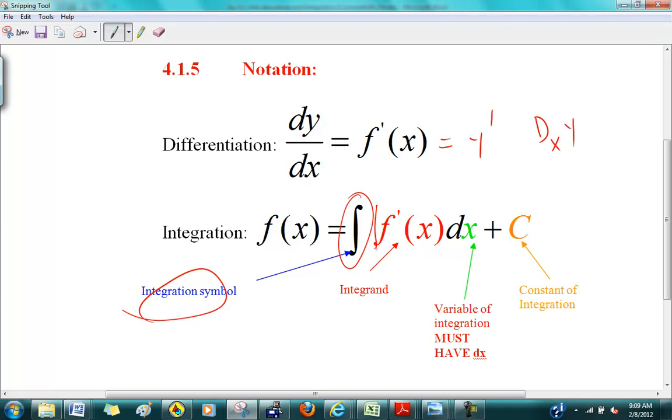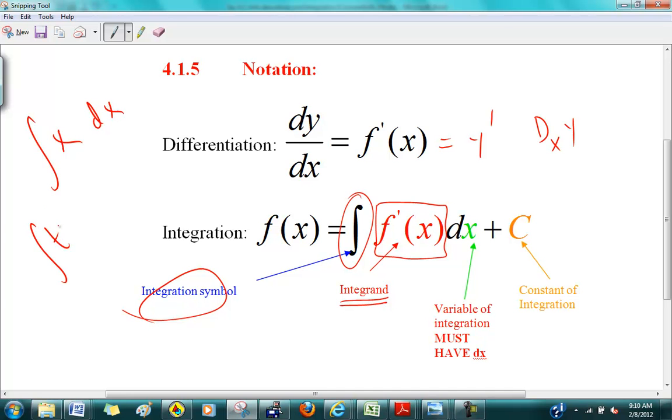Then this red thing that's there is called the integrand. And then you will have something that's either a dx, a du, a dt, d something. That'll be your variable of integration. So if you give me a giraffe sign like this, that's complete and utter nonsense. Don't do that. You have to have, in this case, a dx.